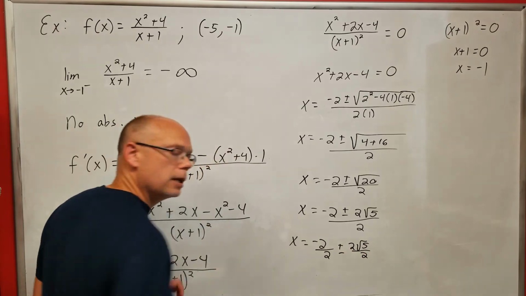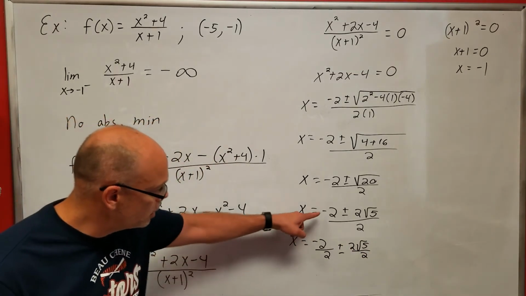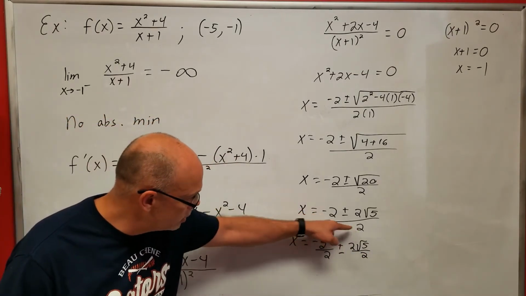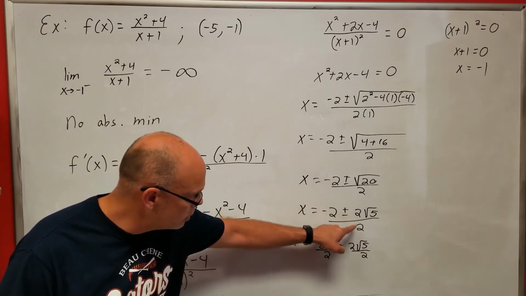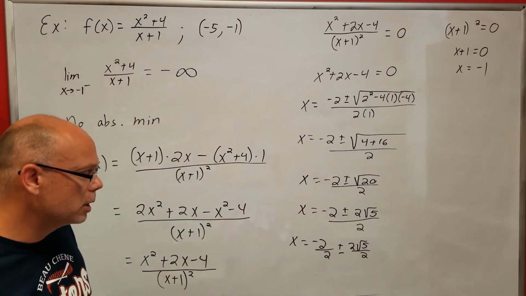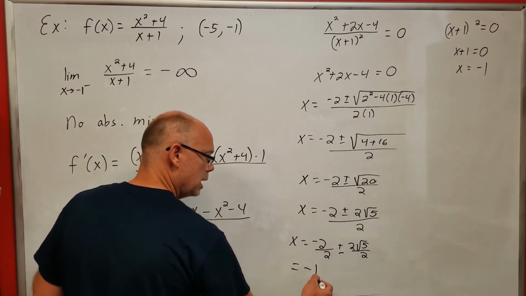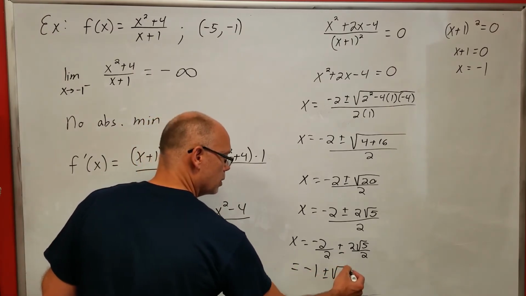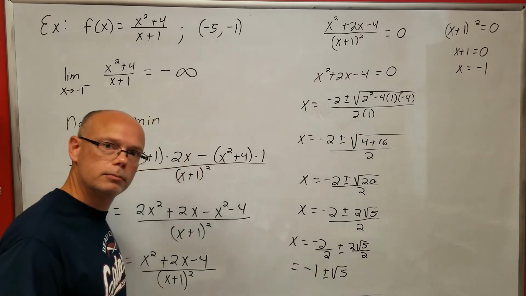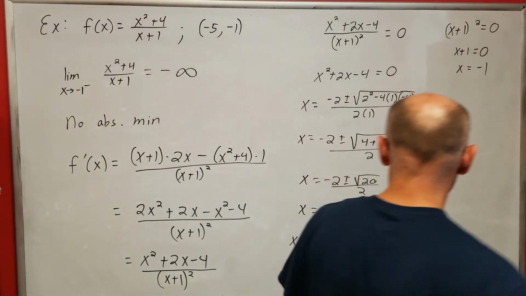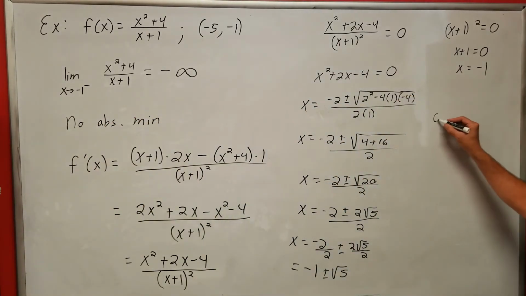Now you can break this down different ways. I just chose to do it negative 2 over 2 plus or minus 2 square root of 5 over 2. So that gives me negative 1 plus or minus the square root of 5, right? So what are my critical points?